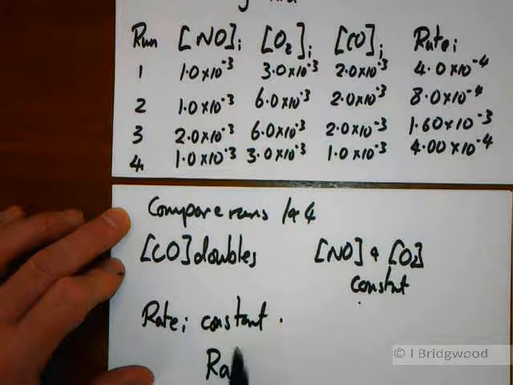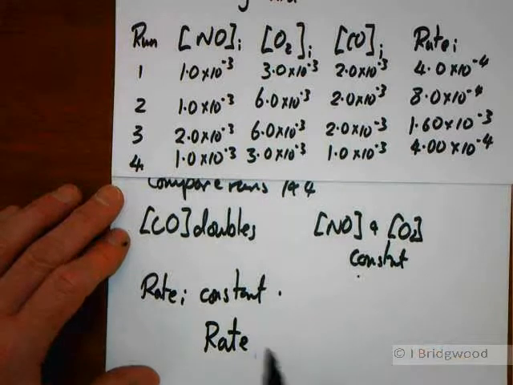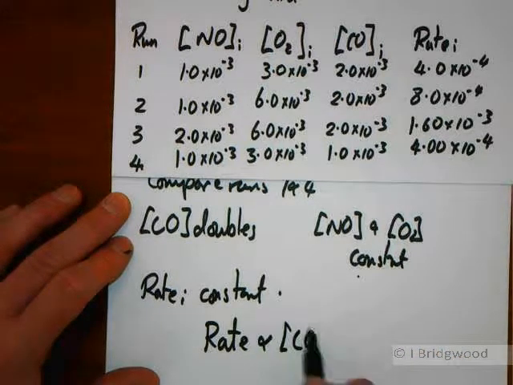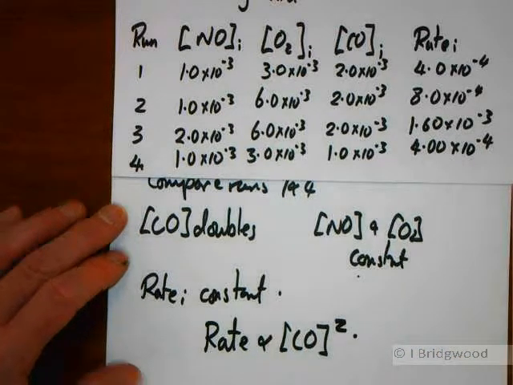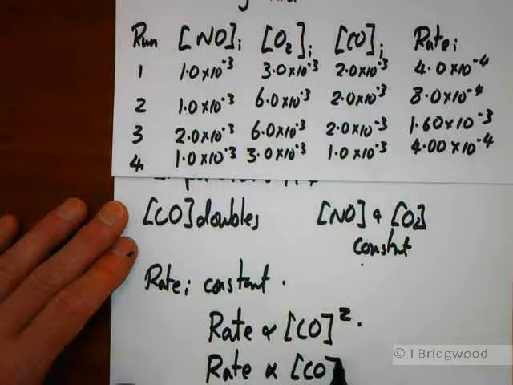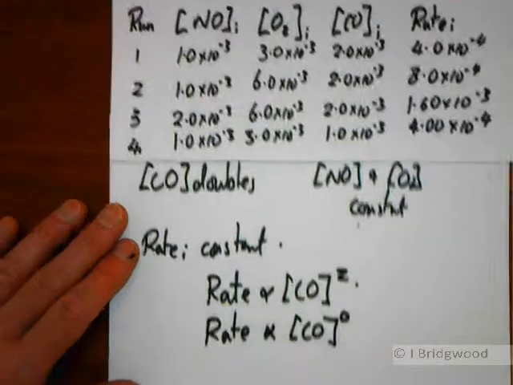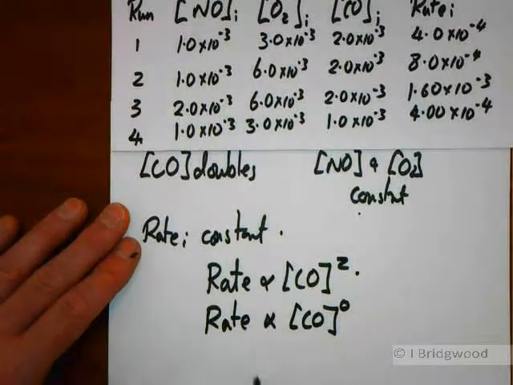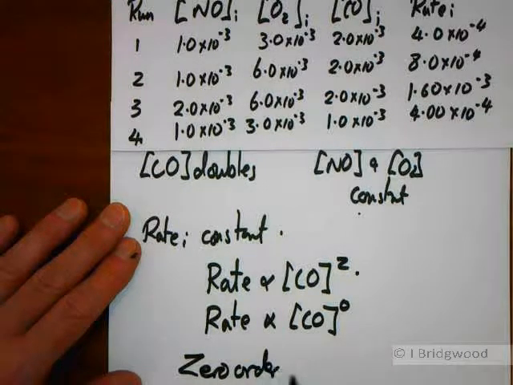Therefore, when we look at our rate expression, in this case, it's 0 order, because there's no change in the rate. So it's 0 order with respect to carbon monoxide.